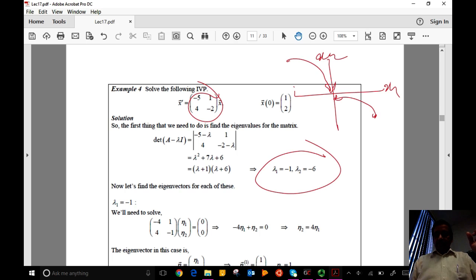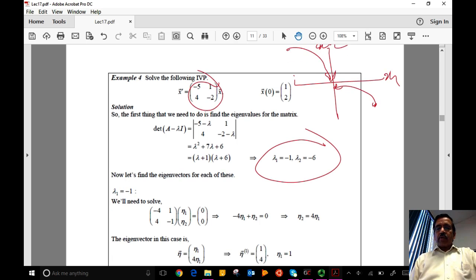Okay? Now, there are two modes, 1 and 6. So I start somewhere in the space. Can you kind of predict, as the trajectory approaches the steady state, would it be tangent to the eigenvector corresponding to -1 or the eigenvector corresponding to -6?